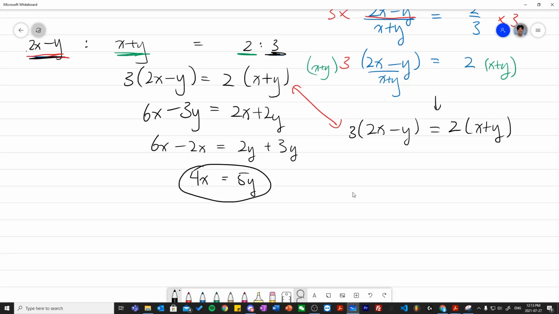But we have this thing. How do we figure out what x is and what y is? Well, we can simply isolate. 4x equals 5y, and then what would x be?